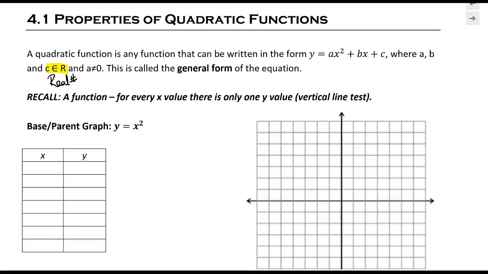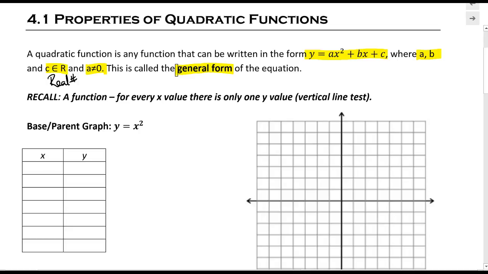Otherwise we express it as y equals ax squared plus bx plus c. This is called our general form.